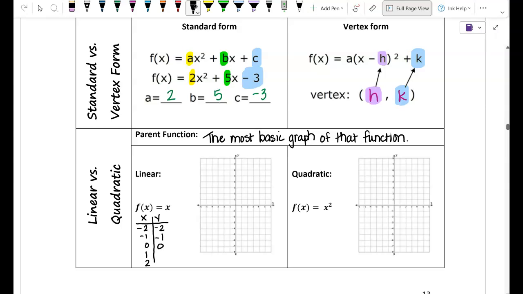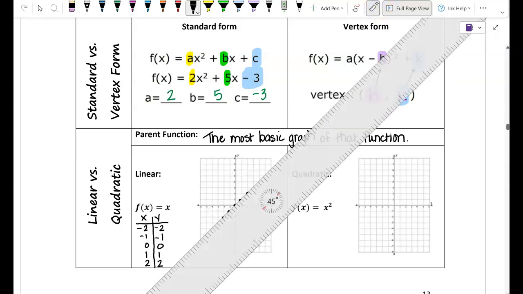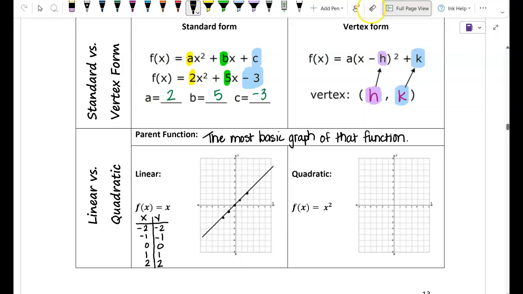Put in 0, get out 0. Put in 1, get out 1. Put in 2, get out 2. So again, -2, -2, -1, -1, 0, 0, 1, 1, 2, 2. This is that line that goes directly through the origin of your graph.